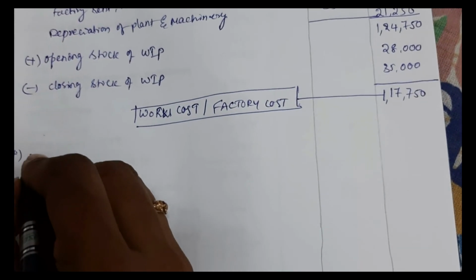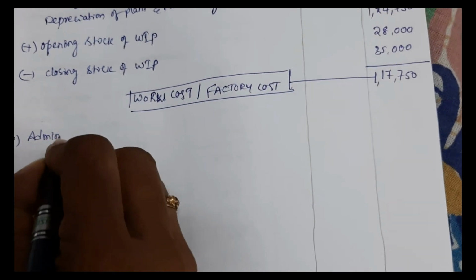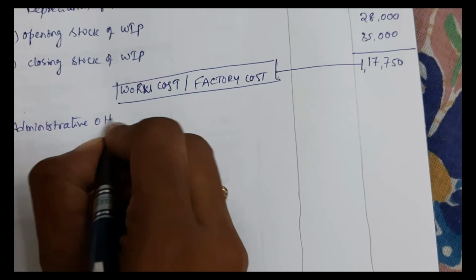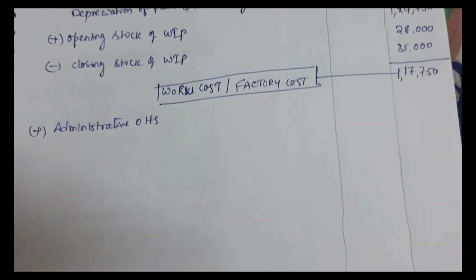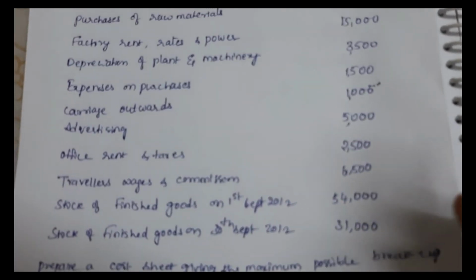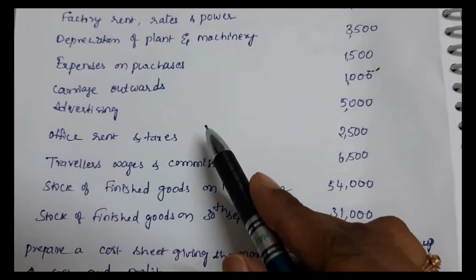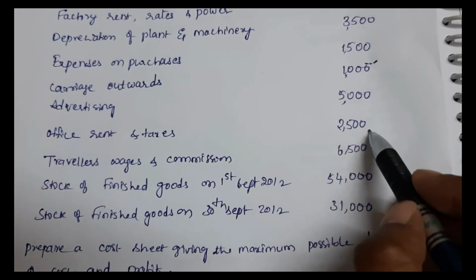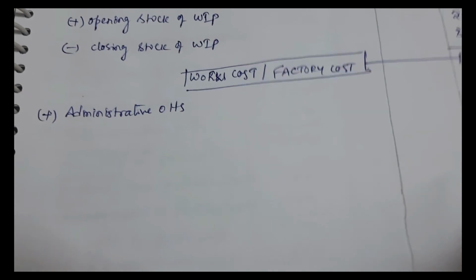To this we should add all administrative overheads. Here in this sum we have only one administrative expense, that is office rent and taxes 2,500. That we should write under here.